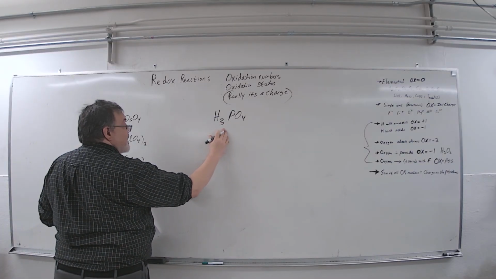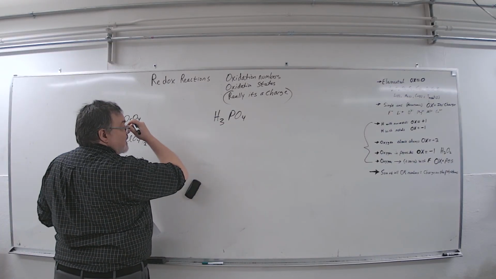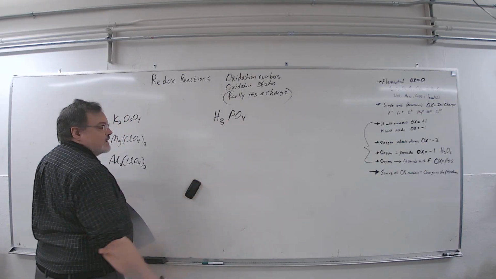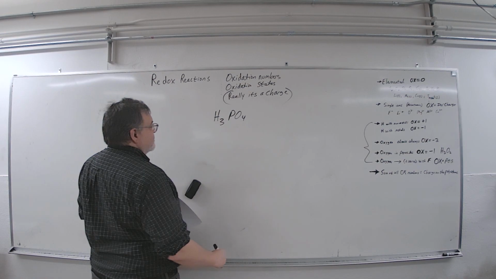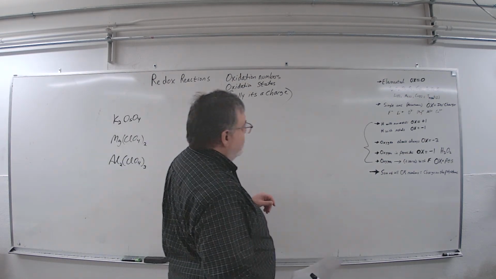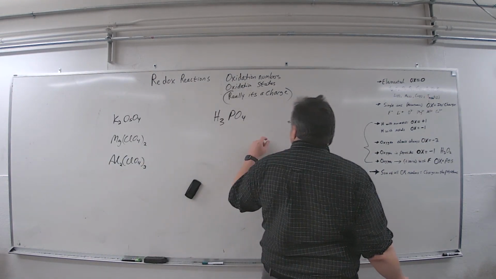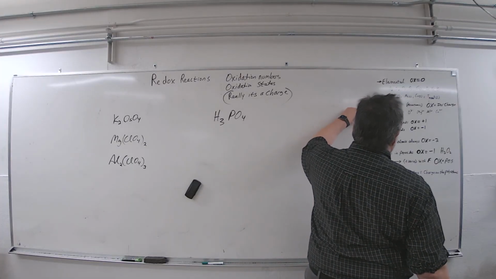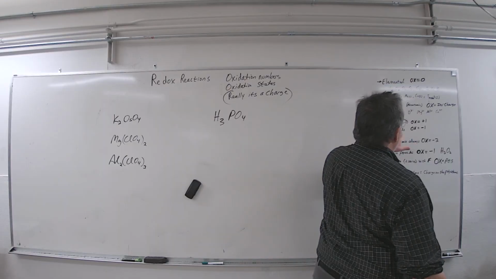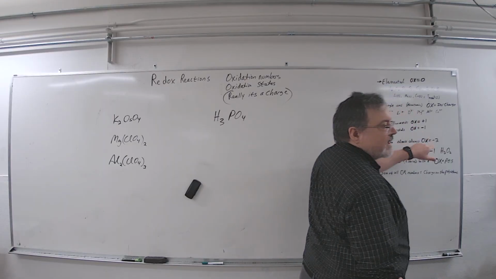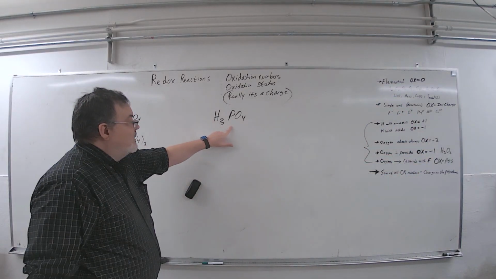Generally, you can pop off what's on the front. PO4 is in that list of polyatomic ions. Hydrogen with nonmetals goes +1. Hydrogen with metals goes -1. What are these?